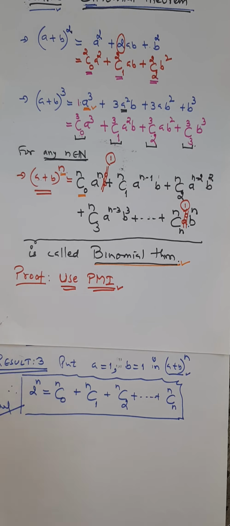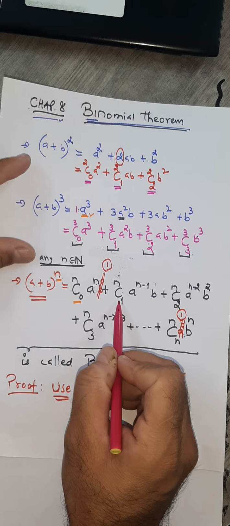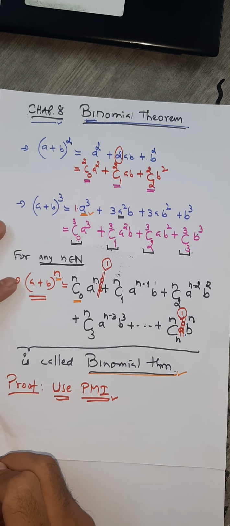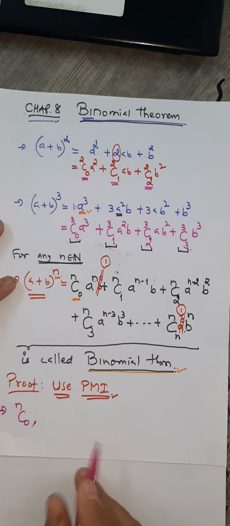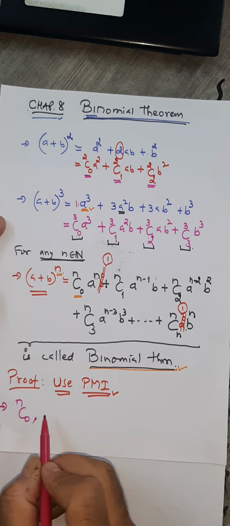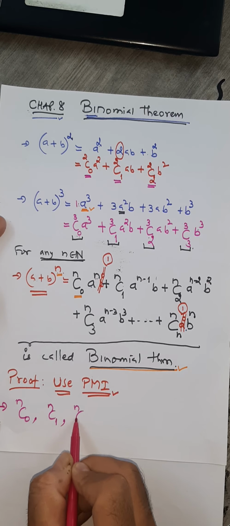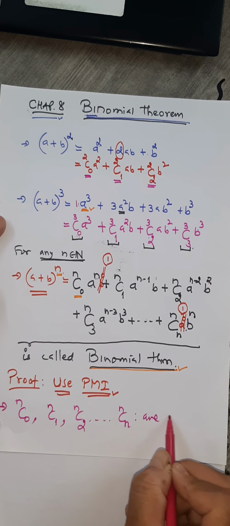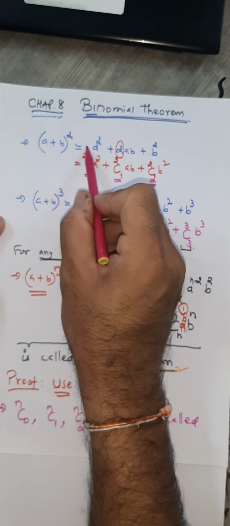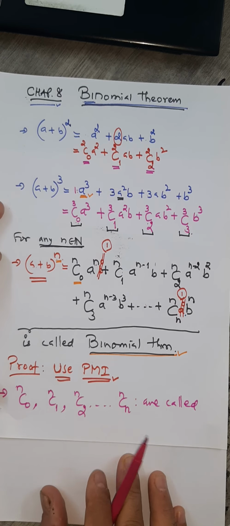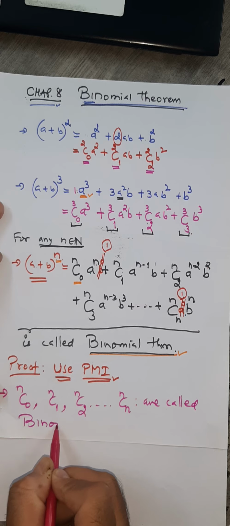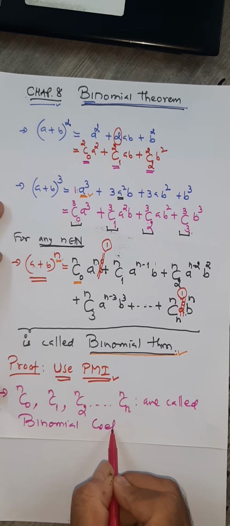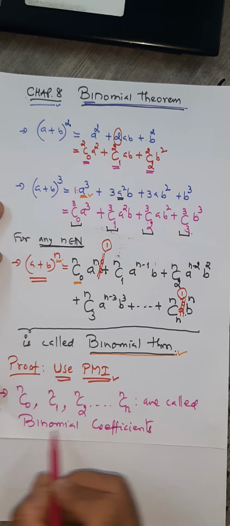I forgot to mention in the beginning that this nc0, nc1, these are called binomial coefficients, remember. So I'll write here, you can write there in the beginning below this theorem, nc0, nc1, nc2, and so on, ncn, these n plus 1 constants are called binomial coefficients.